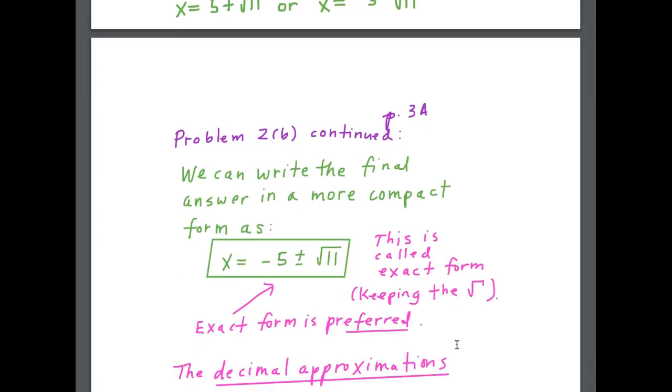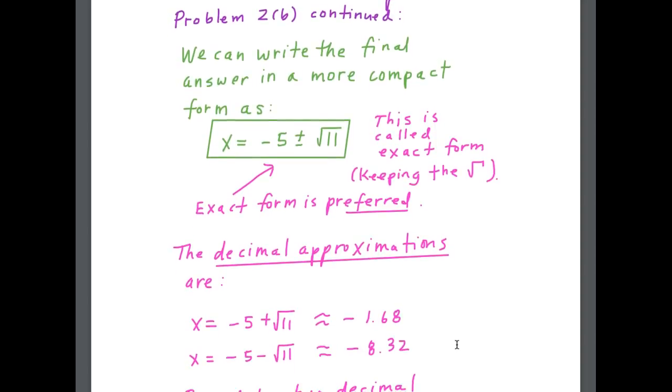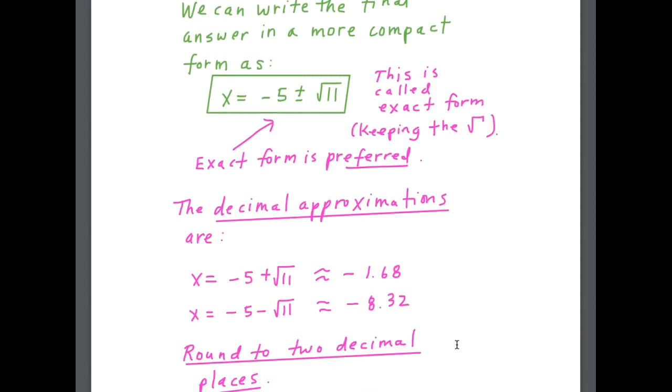Sometimes, though, when we do an application problem, we might need to get the decimal approximation. So you can put this in your calculator and you can get these two answers. You should get -1.68 and -8.32. And our convention will be, unless otherwise noted, for your final answer, to round to 2 decimal places.